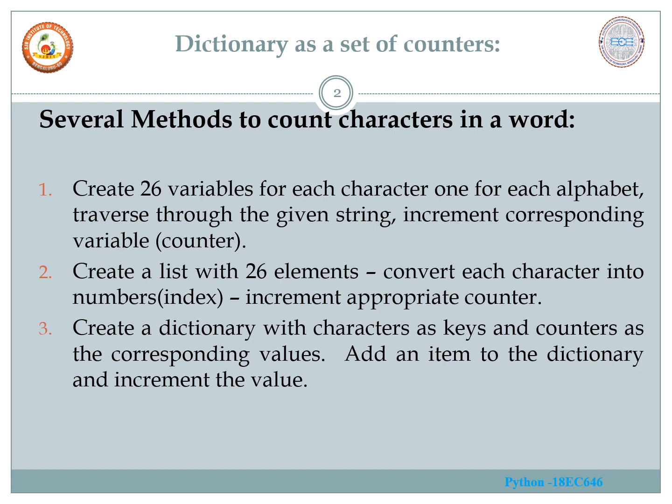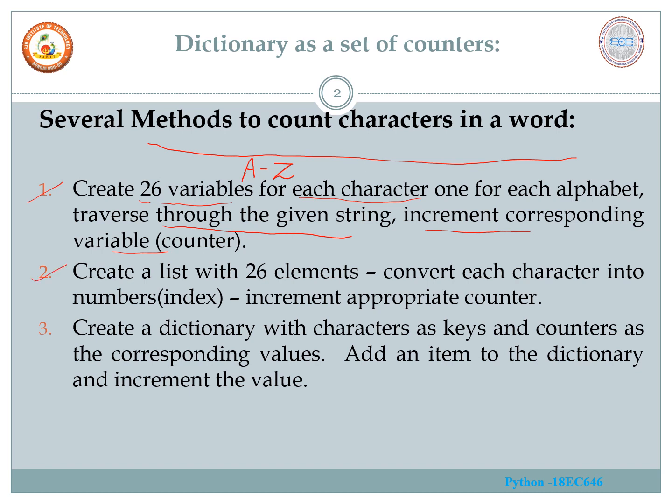Now when we talk about dictionaries as counters, we have several methods to count the characters in a word. The first one is to create 26 variables, one for each character of the alphabet from A to Z, traverse through the given string, and increment the corresponding variable or counter.